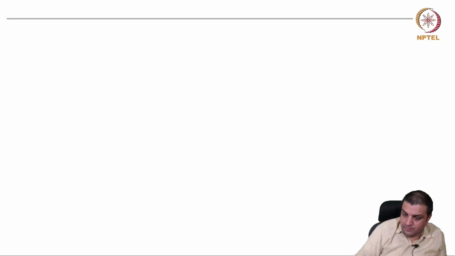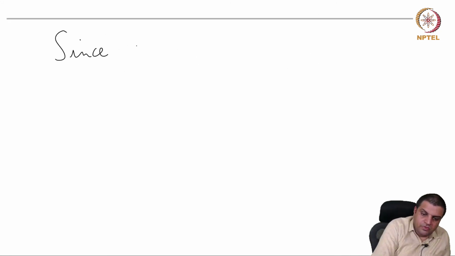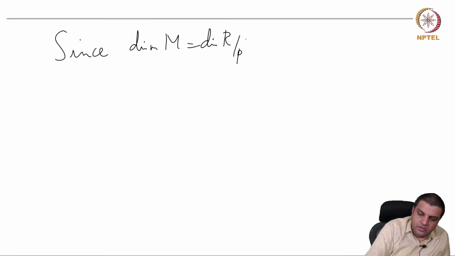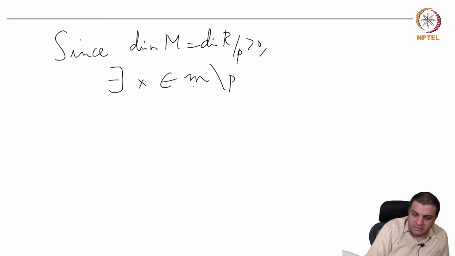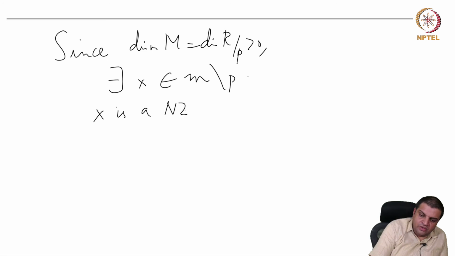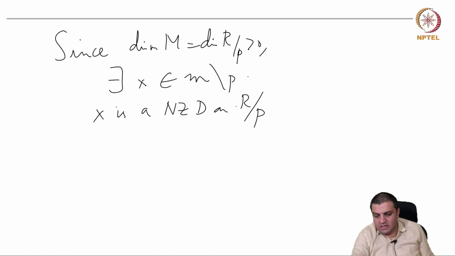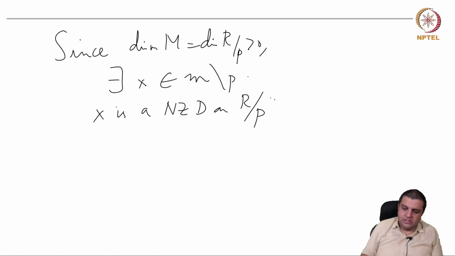Since the dimension of M, which is the dimension of R mod P, is positive, there exists some x inside the maximal ideal but not in P. Then x is a non-zero divisor on R mod P, because if x kills some y bar inside this ring, then xy is inside P, but x is not inside P, so y must be inside P. So therefore y bar is 0. It's a non-zero divisor on this.